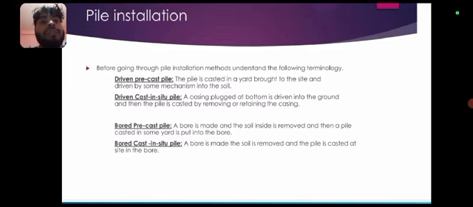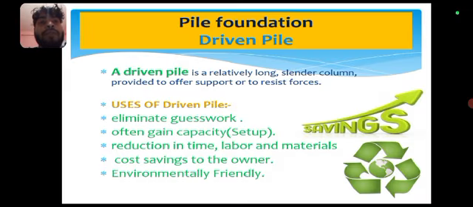Bored precast pile: a bore is made and the soil inside is removed, and then a pile cast in some yard is put into the bore. Bored cast in situ pile: a bore is made, the soil is removed, and the pile is cast at the site in the bore.